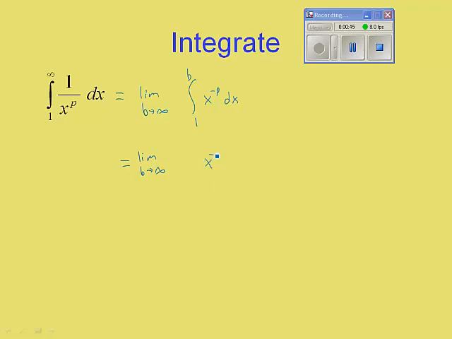X to the negative p plus 1. Do you guys agree? Divided by negative p plus 1, evaluated from 1 to b. How many like that answer? Do you always get this?